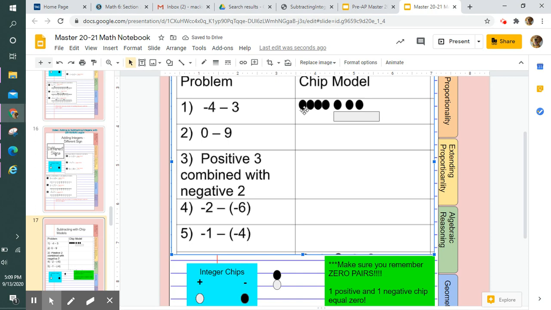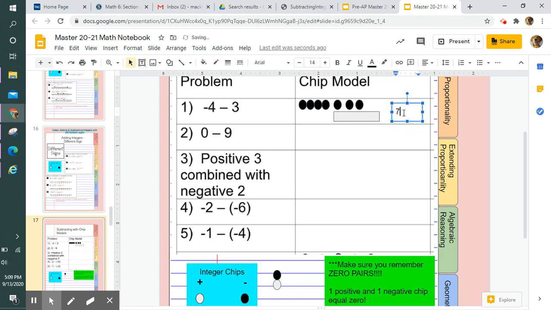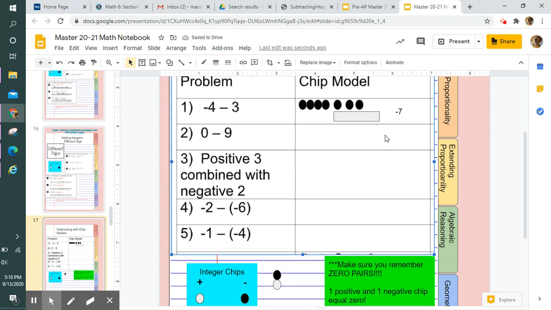So now what we have left is 1, 2, 3, 4, 5, 6, and 7 chips. So our answer is 7 of them, but hold on, what kind of chips are they? Are they positive or negative? They're all negative, so my answer is -7. Okay, that was kind of crazy.